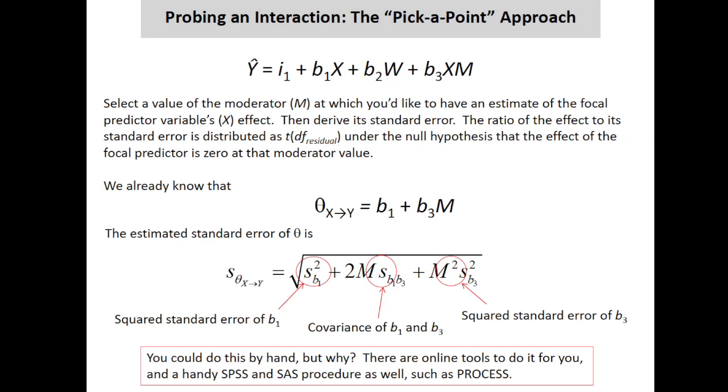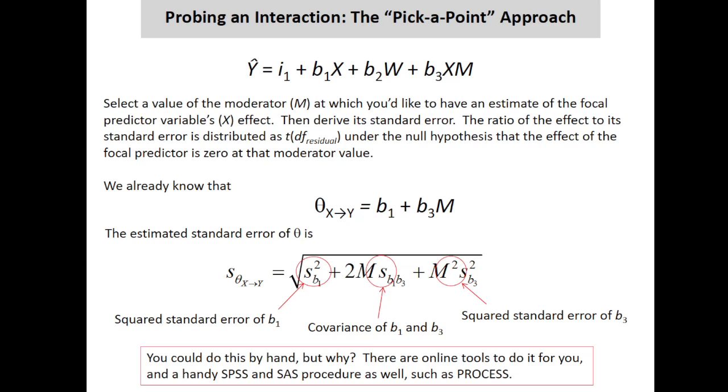Right? We already know how to generate theta xy for any value of m that we choose. We need a standard error, and it turns out that that's not a difficult problem, not even all that difficult to calculate by hand. You get most of the stuff you need from a regression output, standard errors and values of paths. You don't get this thing called the covariance of regression slopes automatically.